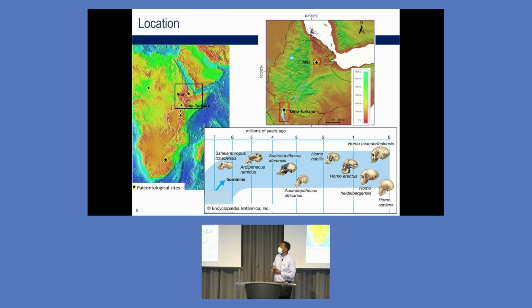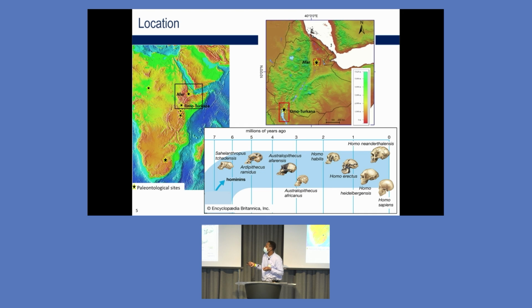What happens in between? There is definitely migration every now and then. So there are different time intervals in which we know there has been a migration from the East Africa region throughout the world.